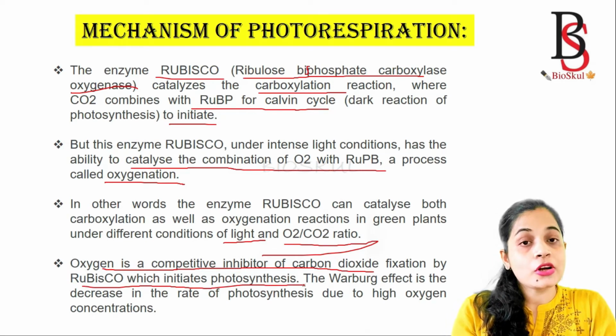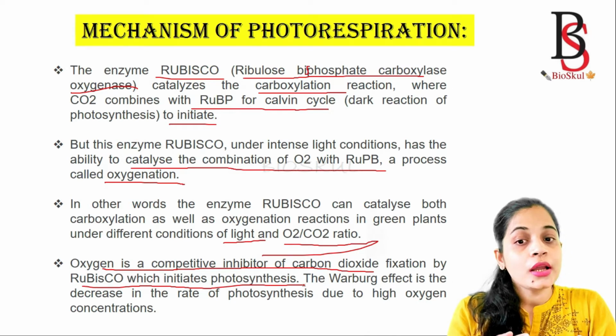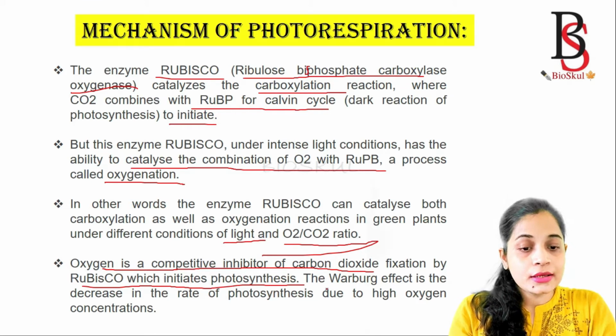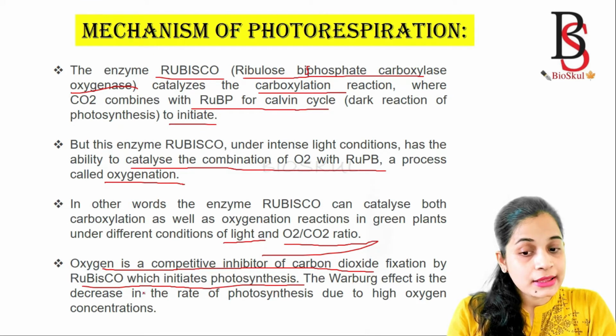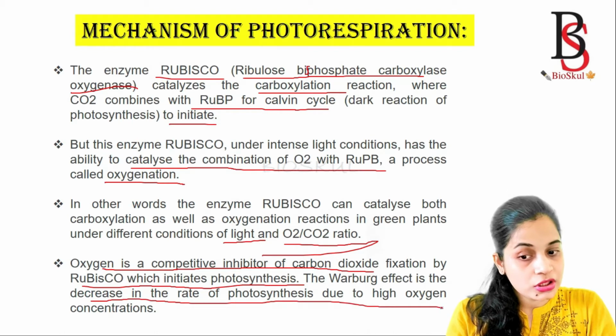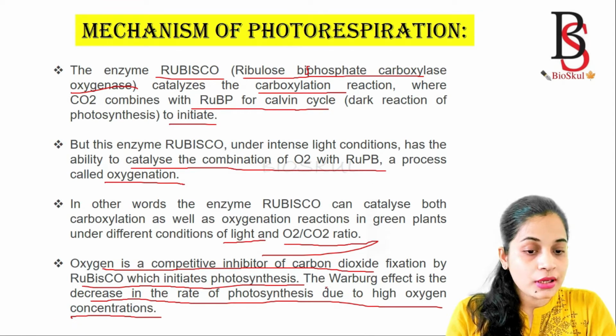If the concentration of oxygen is more than carbon dioxide, then RuBisCO will act as an oxygenase. The decrease in the rate of photosynthesis due to high oxygen concentration is known as the Warburg effect.